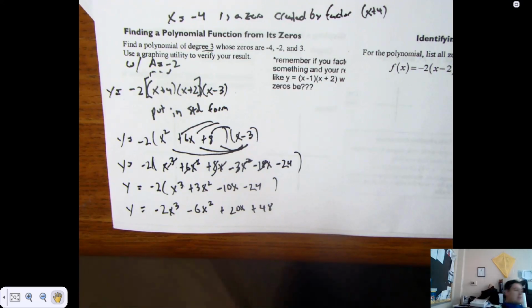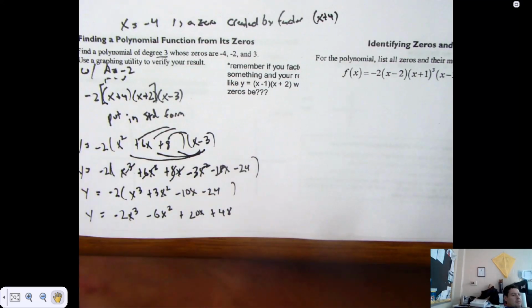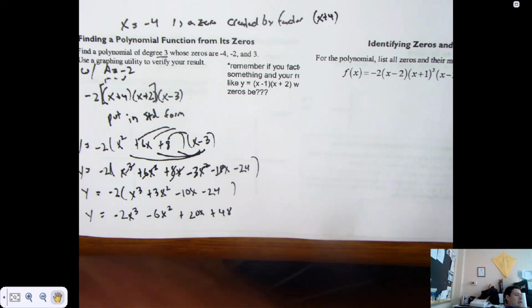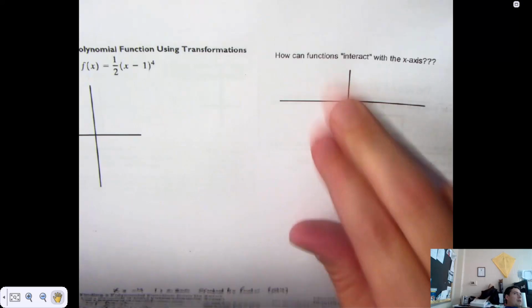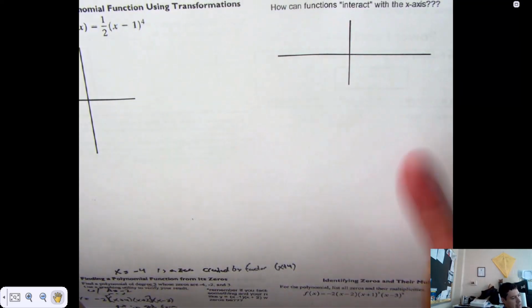All right, what's up next? Identifying zeros and their multiplicities. Up here, did I talk about the difference between a touch and a cross in your notes? I did? Okay. I don't remember the exact thing I had drawn. I gave it to Allison. But a touch is when you touch the x-axis.